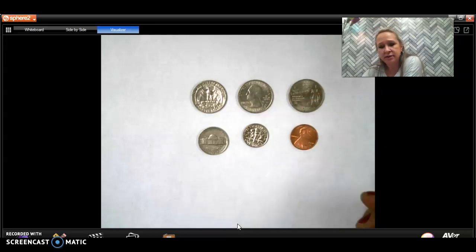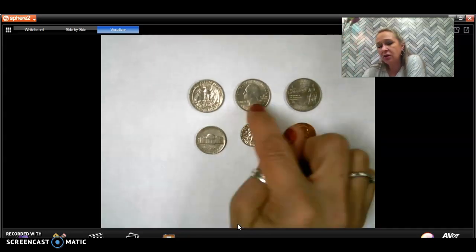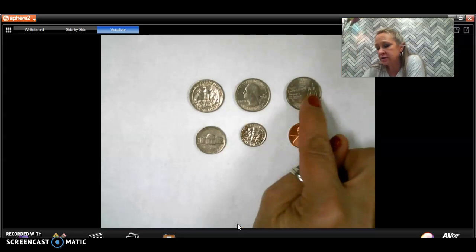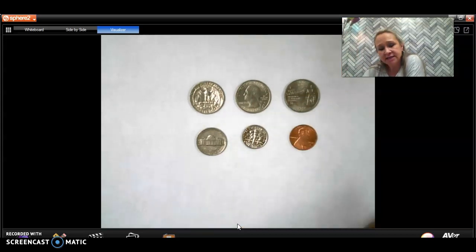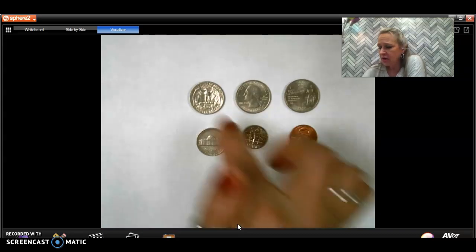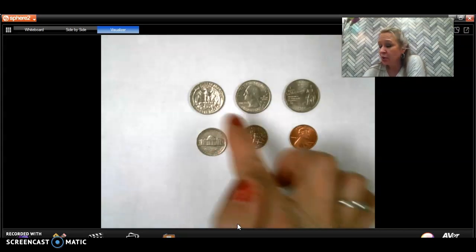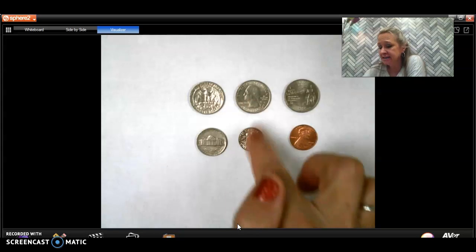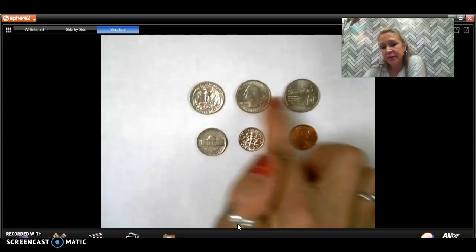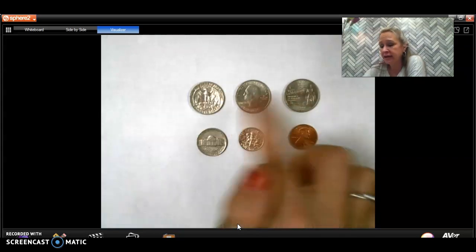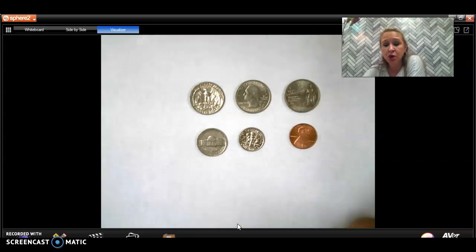How much was the penny? 1 cent. Okay, so here are all the different coins we've talked about. They have different sizes. They have different colors, some of them. They have different values. Are they all the same shape? Yes, they are all round. So we need to look at the size and what is on the front and the back of the coin to know which coin we are counting.